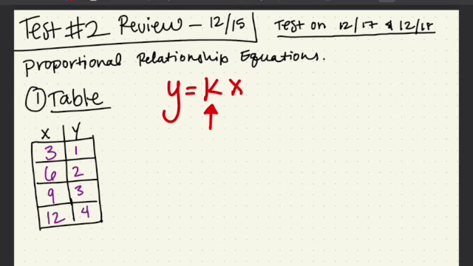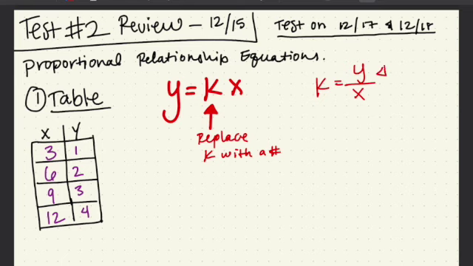The only thing we're going to change is k, and we're going to replace it with a number. The way that we find out what k is, is k is equal to y divided by x. We'll have numbers for x and y that we're just going to substitute into this fraction to find out what the actual number is going to be.